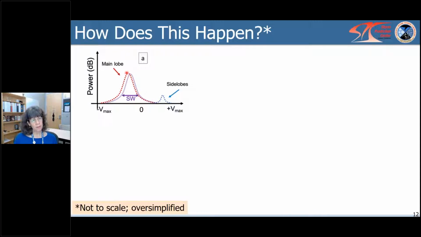The red curve is the main lobe, the return power from the main lobe. The blue curve is the side lobes. Now, these are not to scale. This is highly oversimplified, but it's good enough for our purposes. The purple curve represents the data that are actually assigned to that range gate, and the width of this curve is the spectrum width.